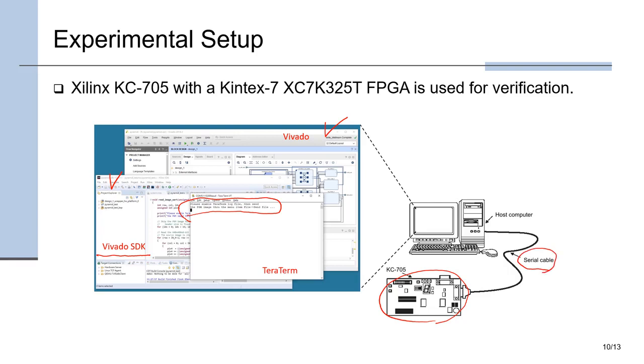For Teraterm, you can go to the file menu and select send file, and then a browser will pop up for you to select the image file you want to transmit to the KC-705 for the image scaling operation. And your image file has to be a PPM file, because that's the only image format we support so far.